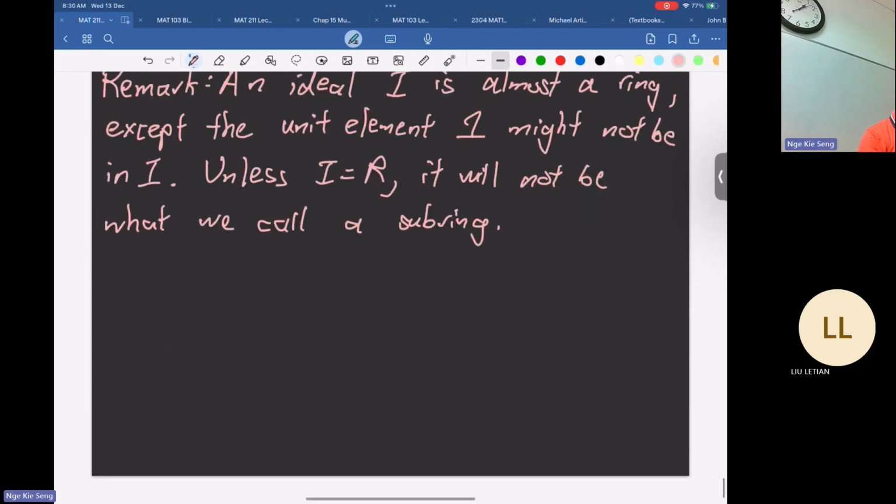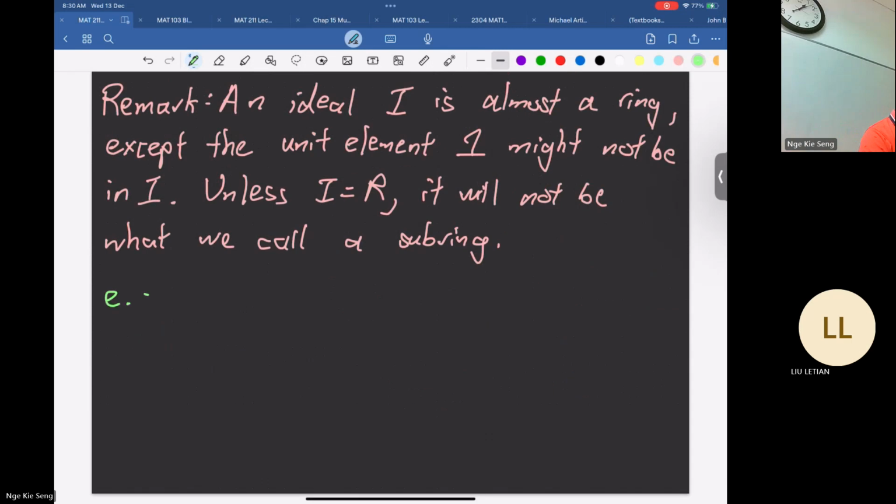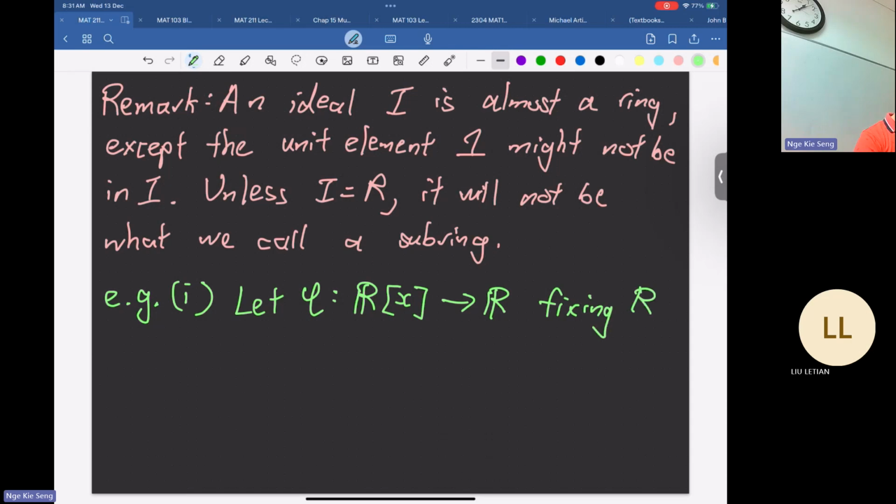So let's look at some examples of ideals. For example, let's look at the morphism here. We want to fix R under this map. To tell you a morphism from a polynomial ring to R, I just need to tell you where x goes, and also how the coefficients go.